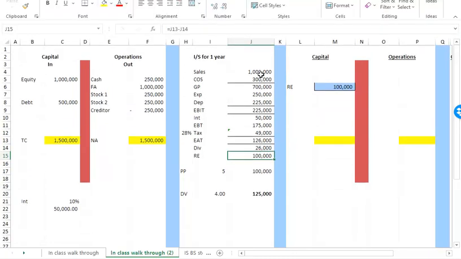I'm going to paint this cell green just to remind us that we've processed it. By processed it, I mean I took it to the balance sheet and showed the impact that it has on the business. And I'm going to work my way up through each of these numbers, showing how they need to be processed so that I can update the balance sheet to reflect the new balance sheet at the end of the year.